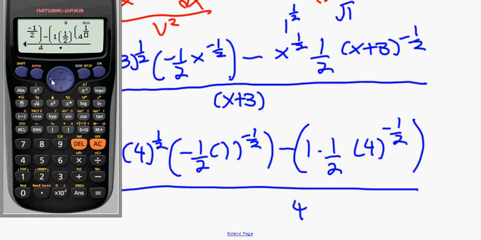Now that's to be a minus, so you've got to type it there. A half. Now, very important before you sign off on it. Add the 4. Bracket for the 4. That's 4 bracket, minus a half.